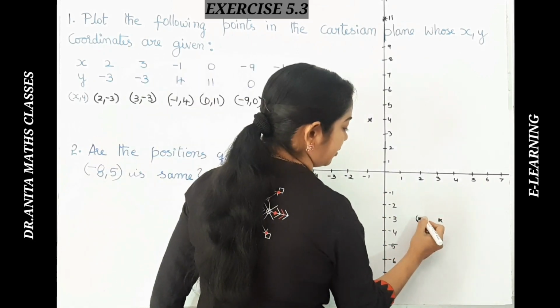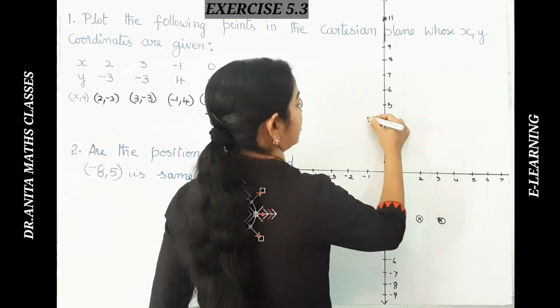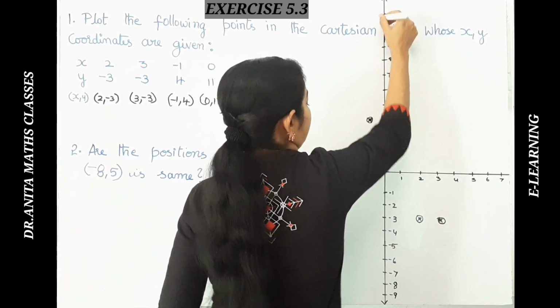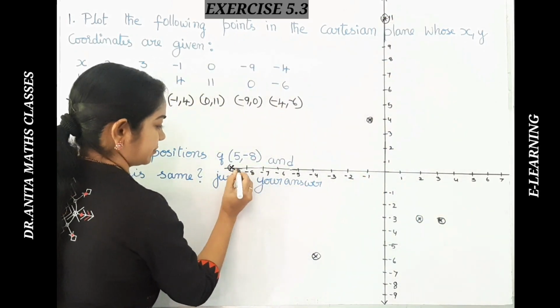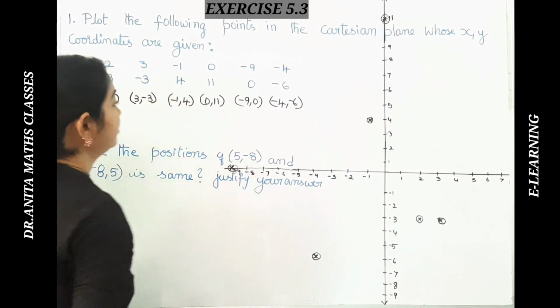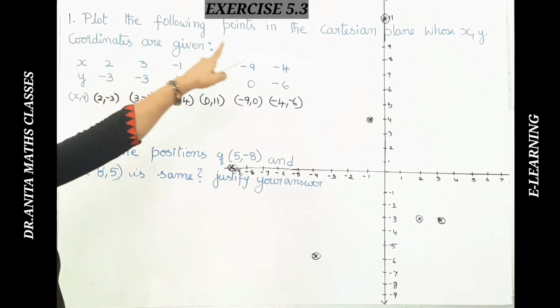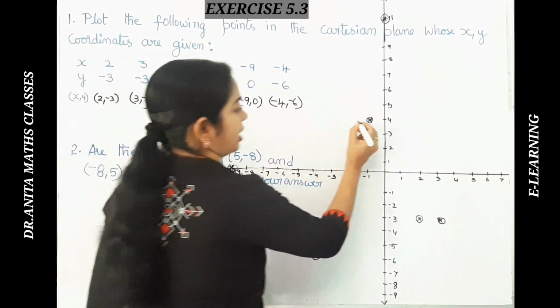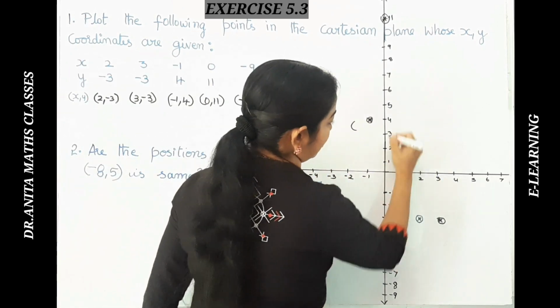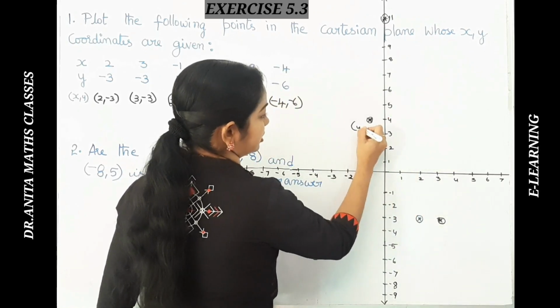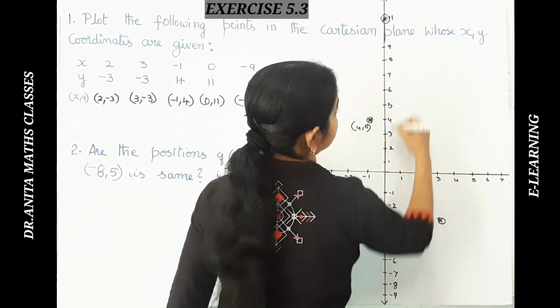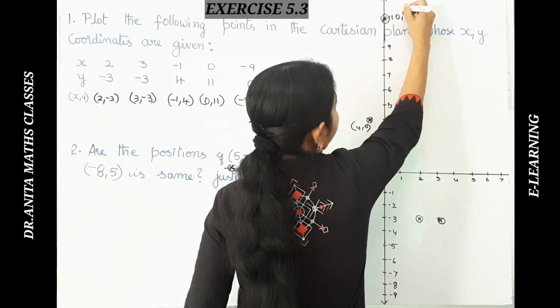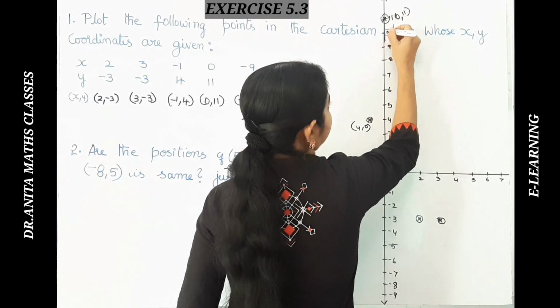So plot the points, write the coordinates. So this is the graph. Here plot the points on the Cartesian plane and write the coordinates. Just after plotting, write the coordinates: (4, 0) here, this is (0, 11), this point is 10.